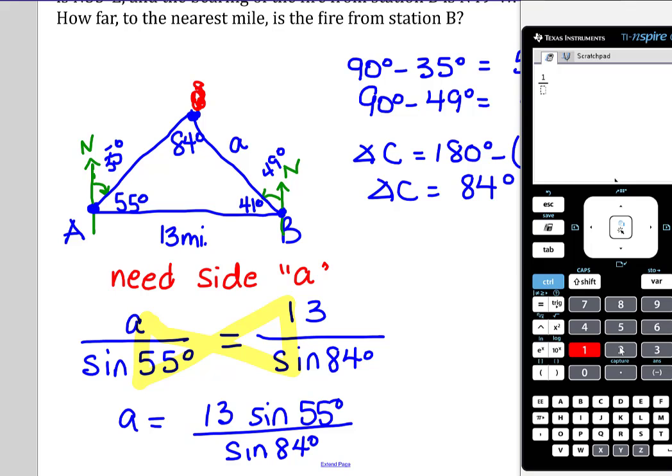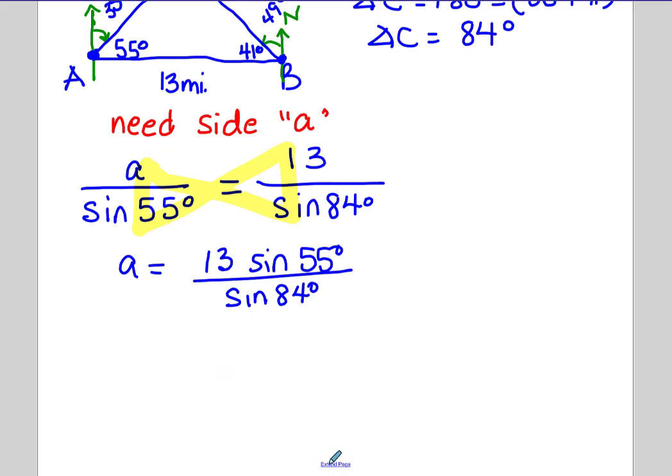We need 13 times the sine of 55 degrees divided by the sine of 84 degrees. So about 11 miles apart, 10.71. So this is about 10.7076 miles.